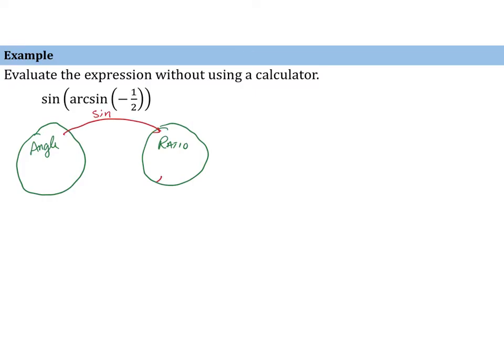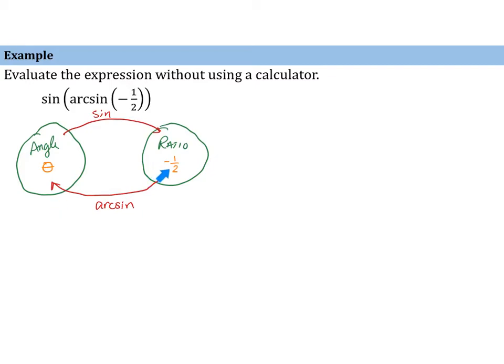And I'm taken from ratio to angle by the arc sine function. So the input of the arc sine function is a ratio, so that's where the negative 1/2 goes. And then it outputs some angle. Now there is a restriction on that angle.